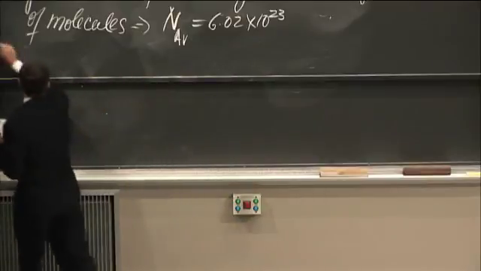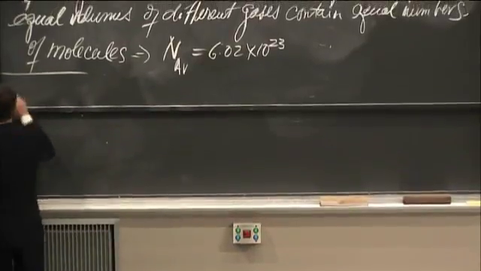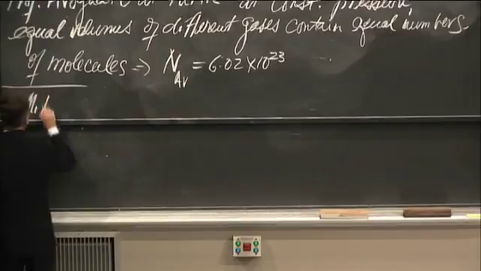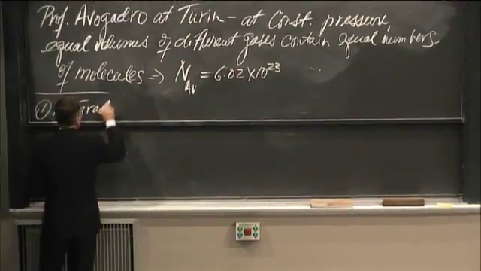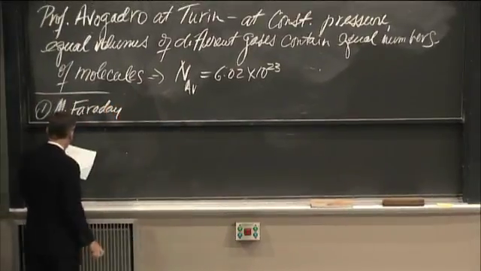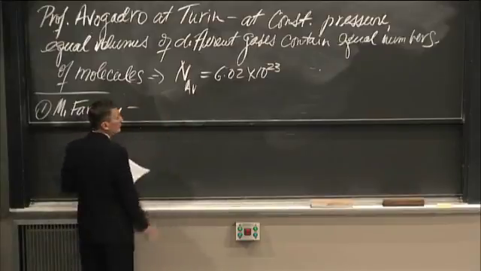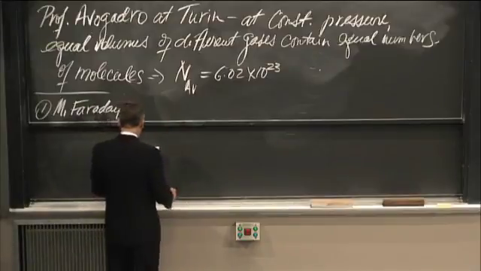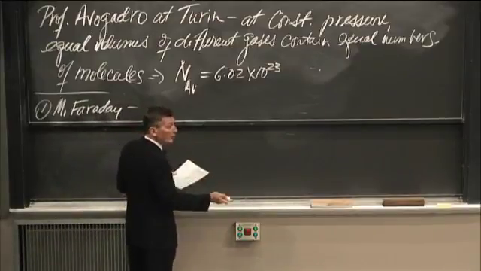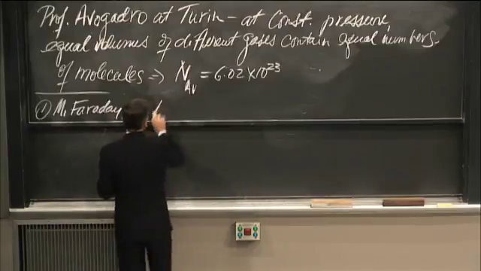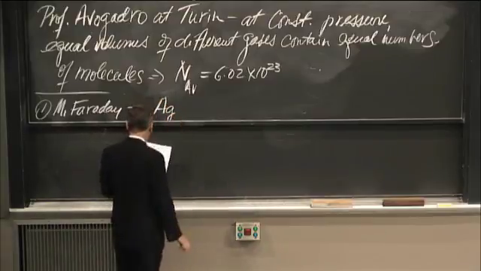So the first thing we're going to do is look at the work of Michael Faraday in England. What Michael Faraday did is he studied the electrodeposition of metal. Specifically, he passed current through a cell and electrodeposited silver.